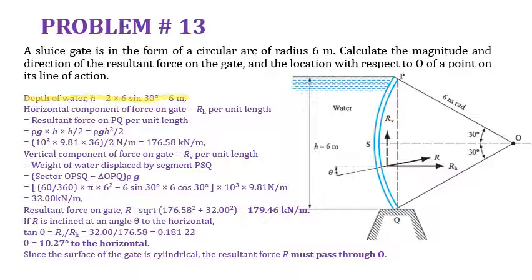So you can use the same formula, which is rho g into A into H dash, and the area will be 6 into 1, or you can say area is H into 1. And H dash is basically H by 2. So you can also write it in this way, rho g H square by 2. Just simply replace area by H into 1 and H dash by H by 2.